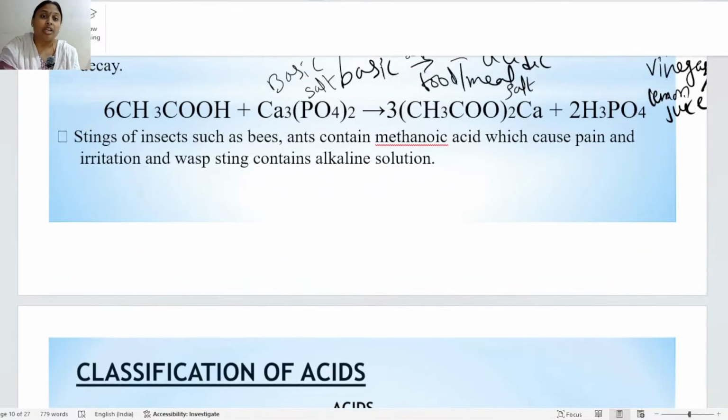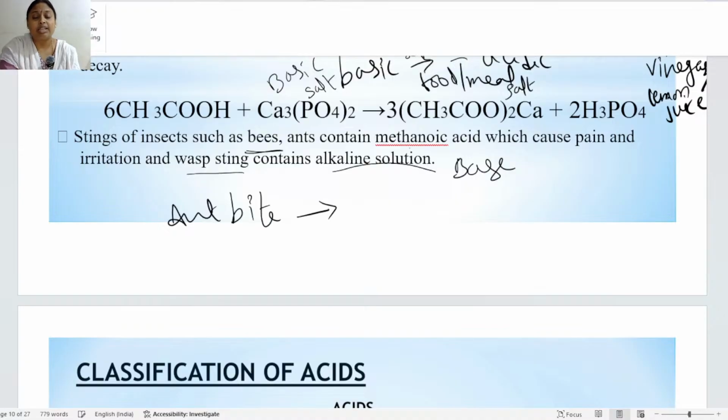Next, insects protect themselves by releasing acids and bases. Honey bees release methanoic acid, and a wasp sting releases an alkaline solution. What is the meaning of alkaline solution here? We say a base solution. When an ant bites us, we feel irritation because of methanoic acid.